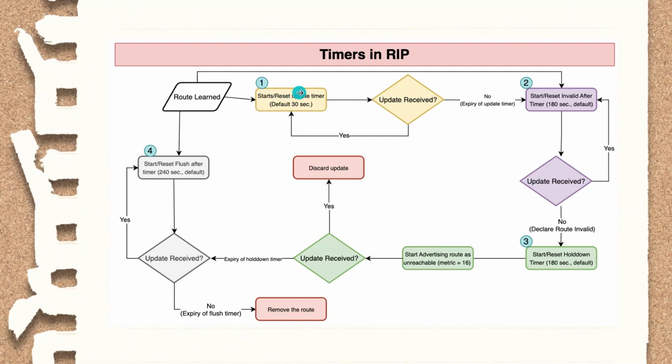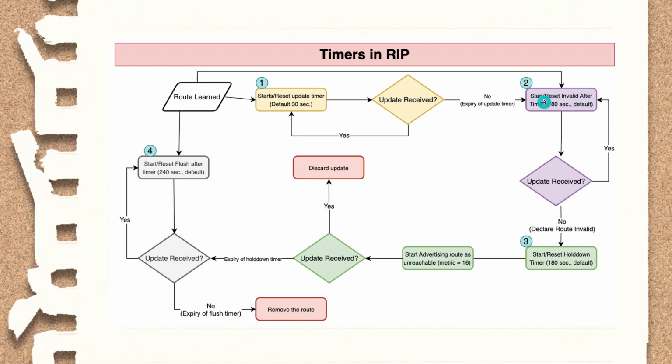It will start, and let's say we have received some updates, so it will start the invalid after timer. This timer has a default timeout period of 180 seconds. After this amount of time, the route that has been learned will expire.